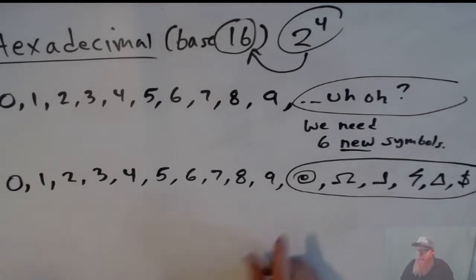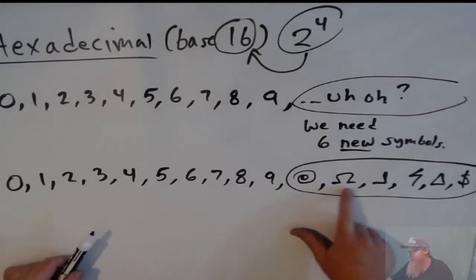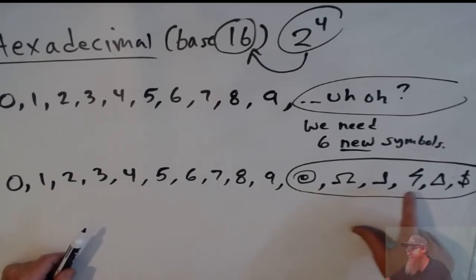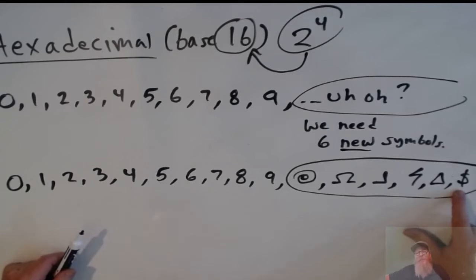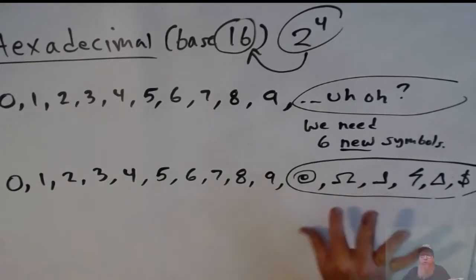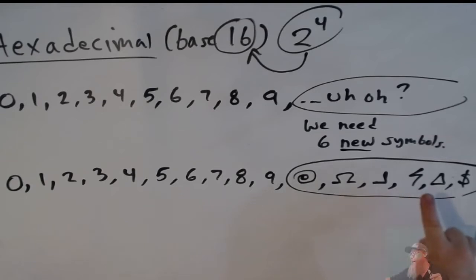I'm going to have to memorize that this symbol means 10, this symbol means 11, this symbol means 12, this symbol means 13, this symbol means 14, and this means 15. Now, that might be easy. You might be able to memorize that, but then you're going to have to remember what order they're in, right? It goes spiral, omega, backwards L, lightning bolt, triangle, $, right?